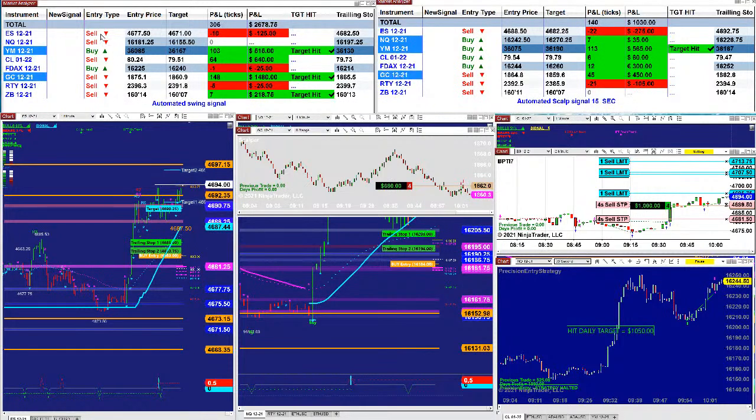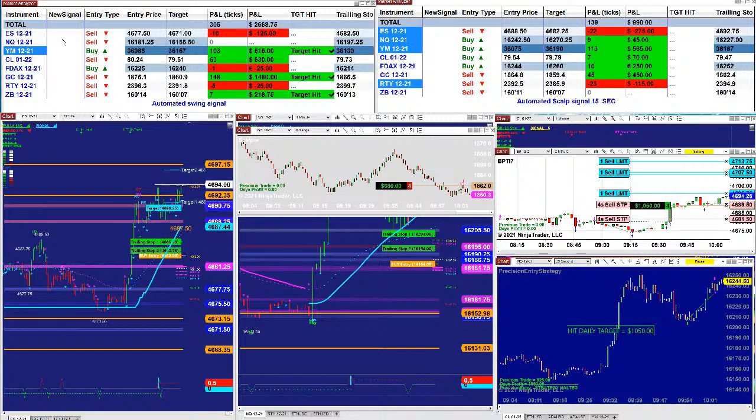Because the first thing you need to do before you start auto trading is looking at the ES and NASDAQ. The YM is going in the opposite direction. CL doesn't matter, but those three have to be together, and the YM is on the other side.